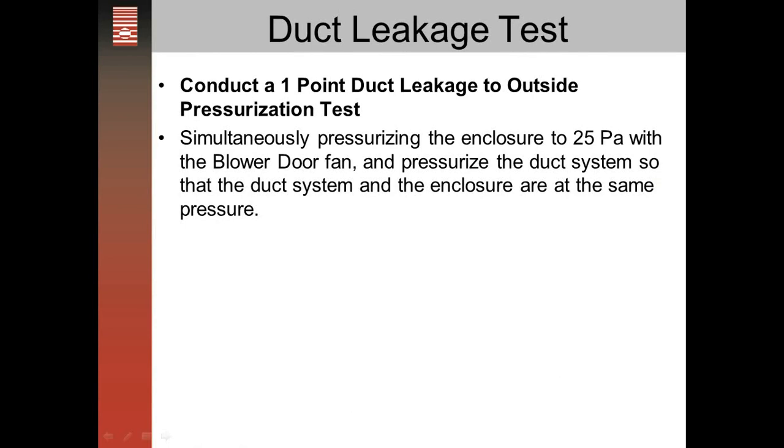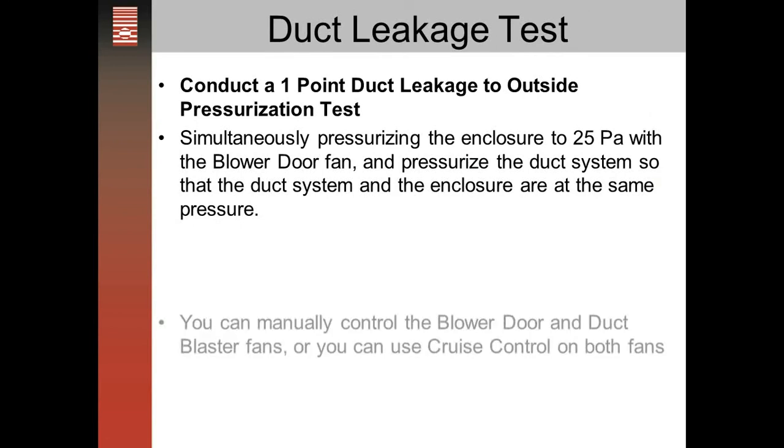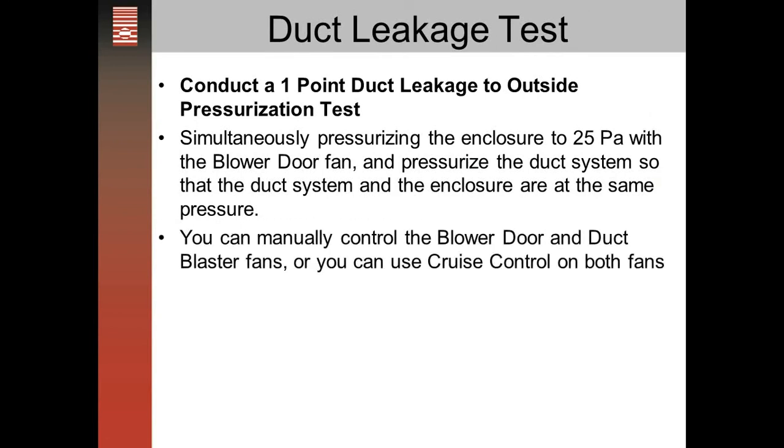So on the blower door gauge, we're looking for 25 pascals of pressure, and on the Duct Blaster gauge, we're looking for 0 pressure. We want the ductwork at the same pressure as the house in order to have no duct leakage across any of those openings. So 0 pressure on the Duct Blaster gauge.